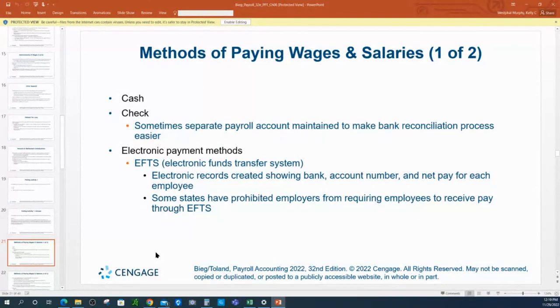So there are tons of different types of deductions that could take place. If an employee decides that they're going to make a charitable contribution, that could be another type of deduction. So all this, like I said, by no means is an exclusive list. It's just a short list of some of the most common examples of deductions that could take place.